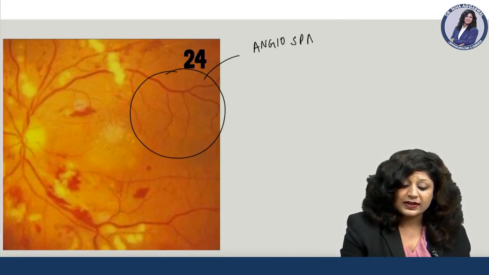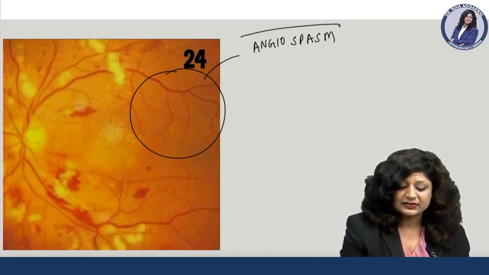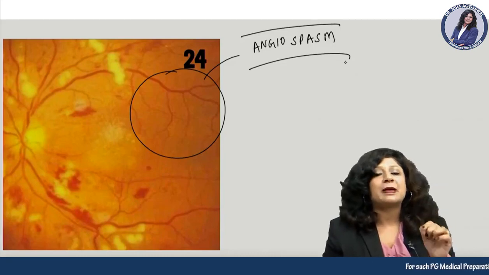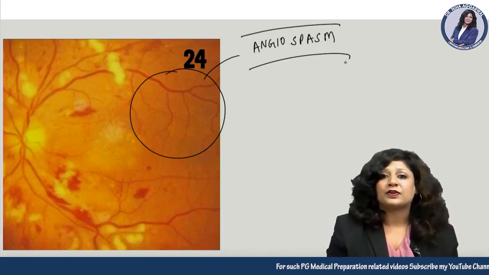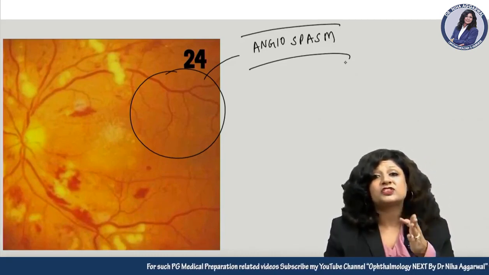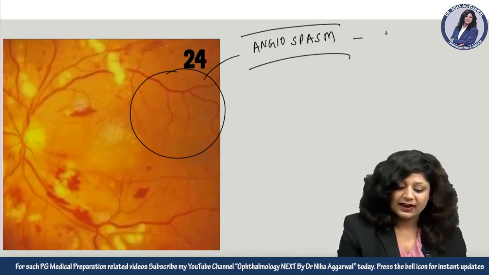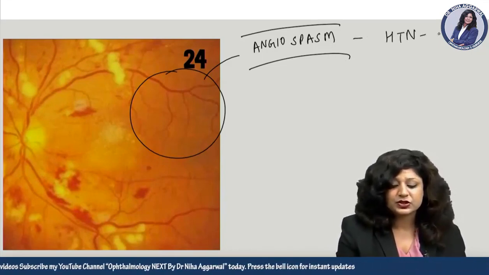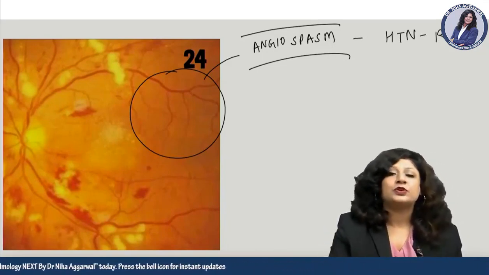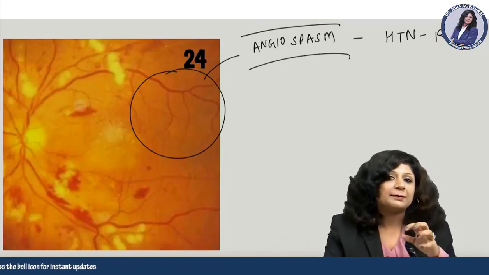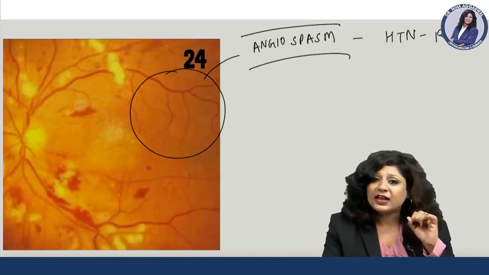And as I always teach you in the classes, angiospasm is the key feature, the key word, of which retinopathy? Yes, you are right. The hypertensive retinopathy.